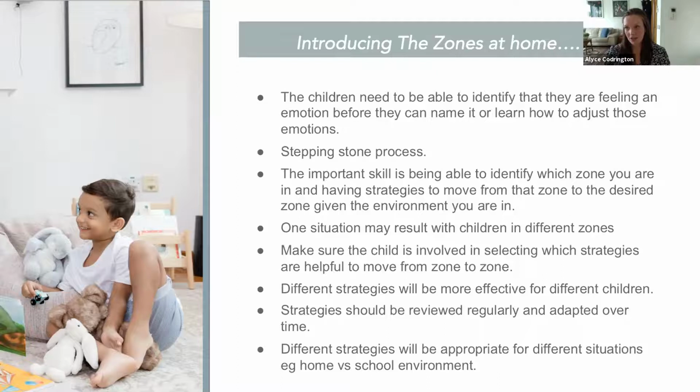Having that discussion is really important because the discussion around which zones are appropriate and which zones are not for different environments is what's going to help the child understand that different social situations have different rules.